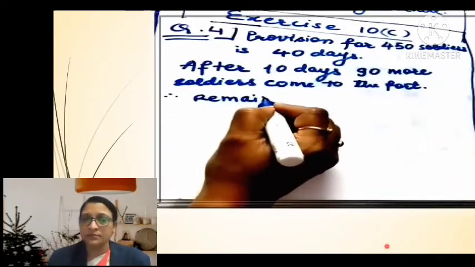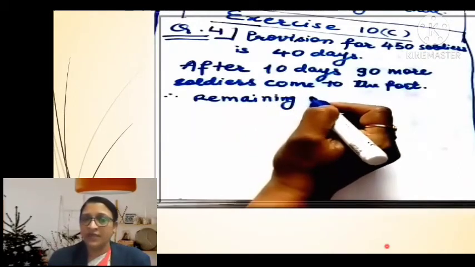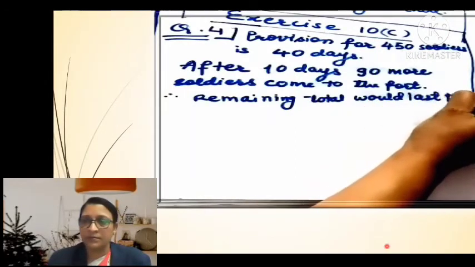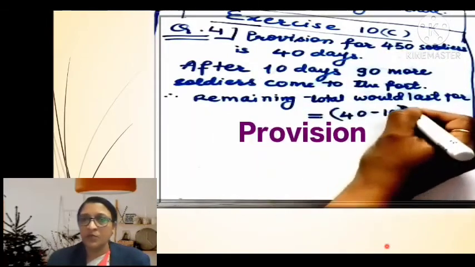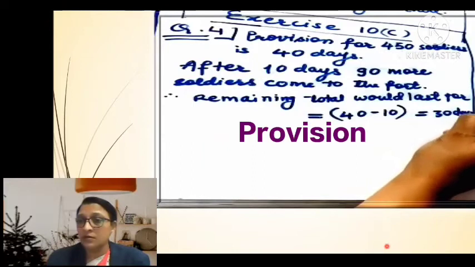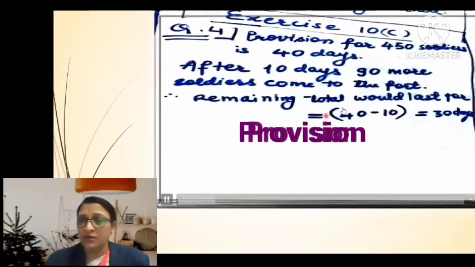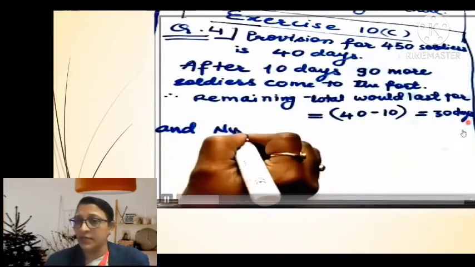Therefore, we can find out the provision remaining for 40 minus 10, that is 30 days. So we can say here the remaining provision, the total provision would last for 40 minus 10 days, that is 30 days.